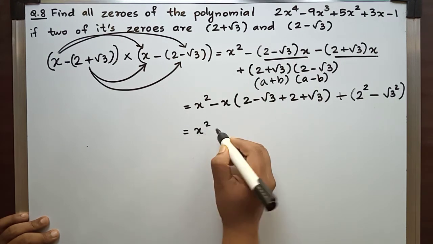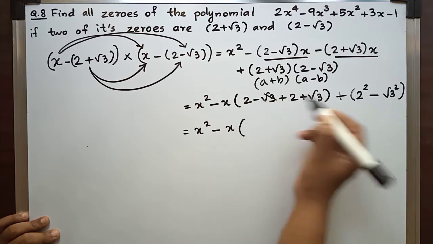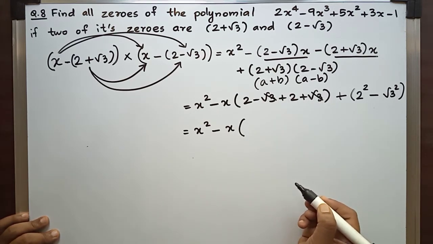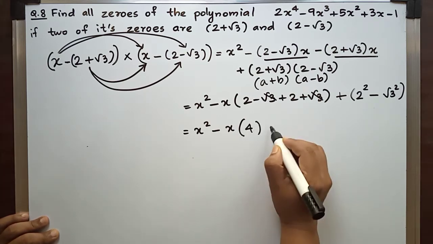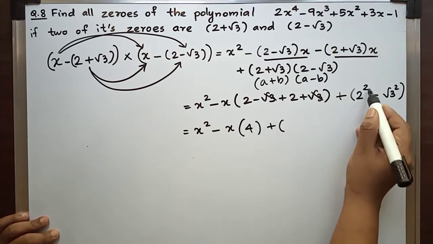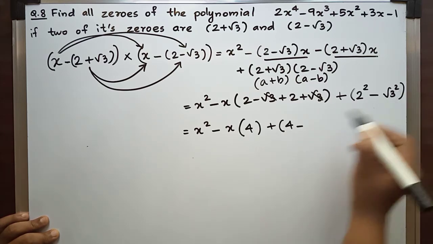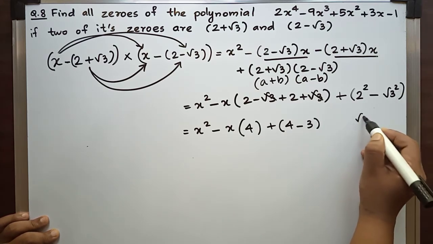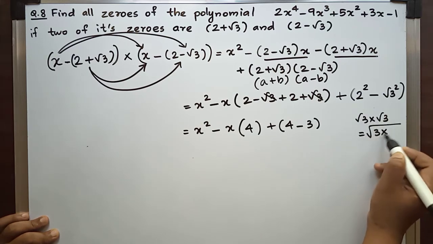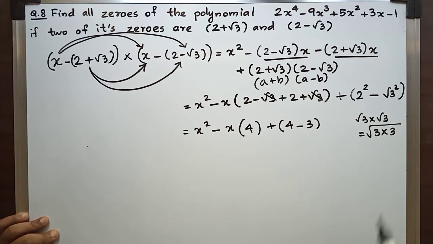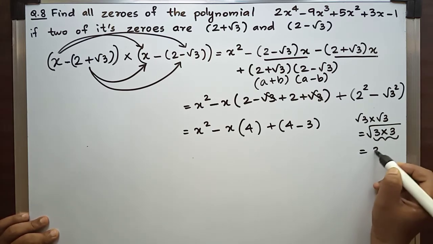So this is x² − x times, where −√3 and +√3 get cancelled, what is left is 2 + 2, which is 4, plus 2² which is 4 minus (√3)² which is 3. √3 into √3 is the square root of 3 into 3; we have a pair of 3 inside the square root, so we can take one outside.